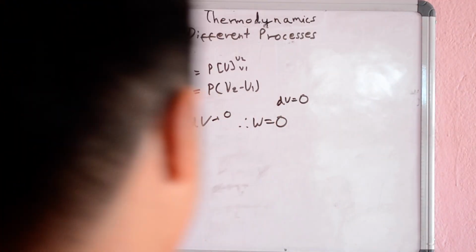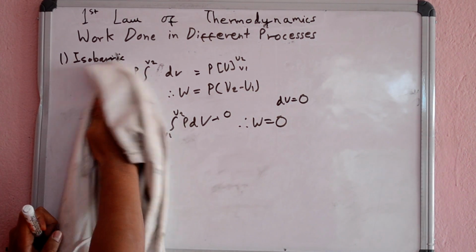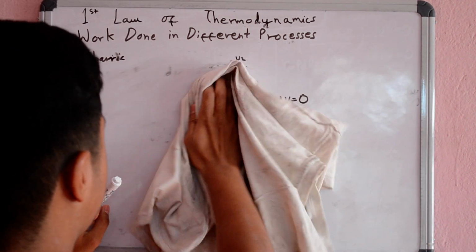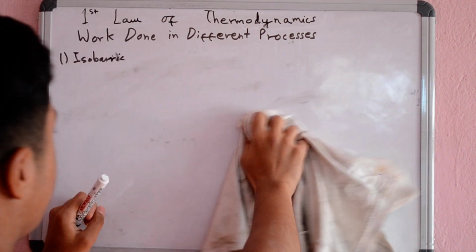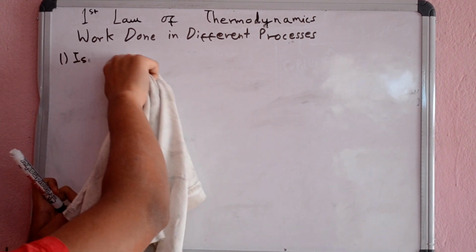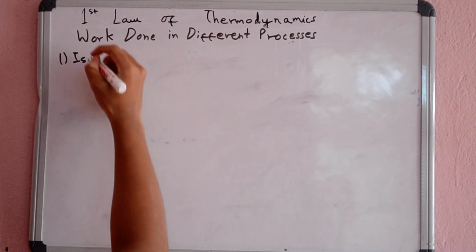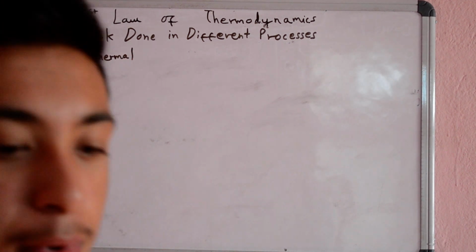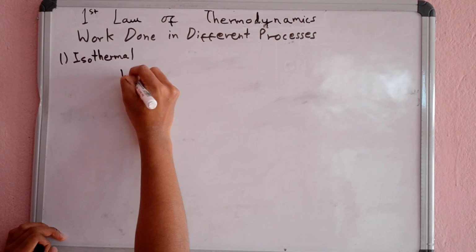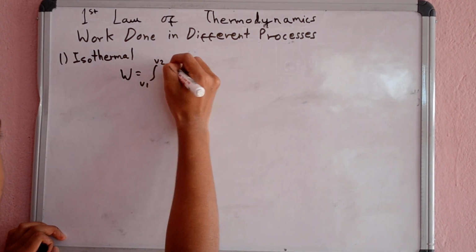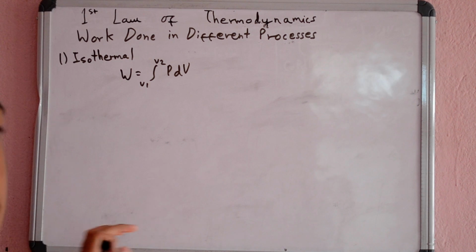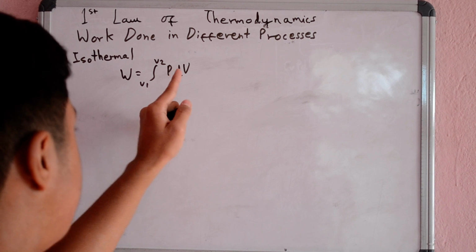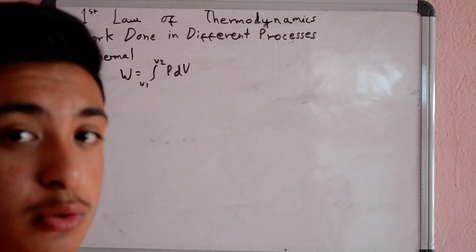Now for the isothermal part, we again have work done equal to the integral from V1 to V2 of P dV. Now these are both variables, but we can use the ideal gas equation to help us out.